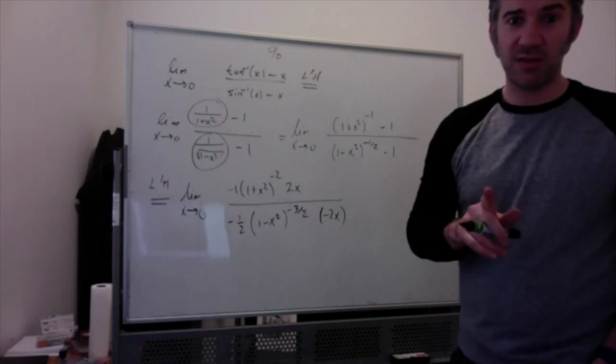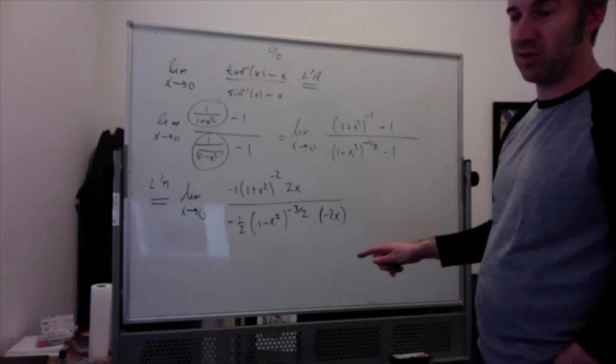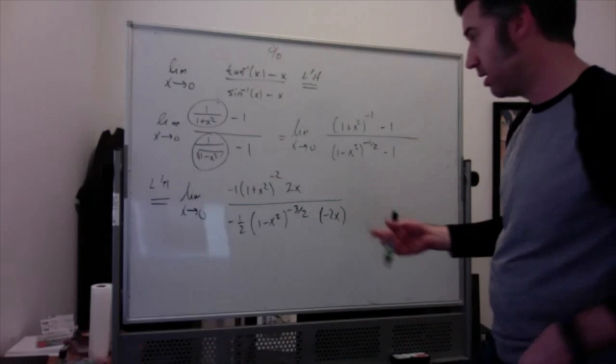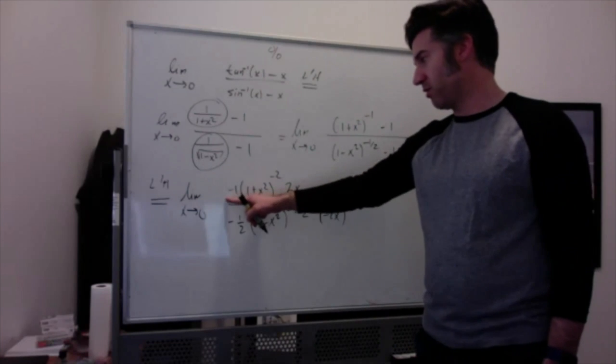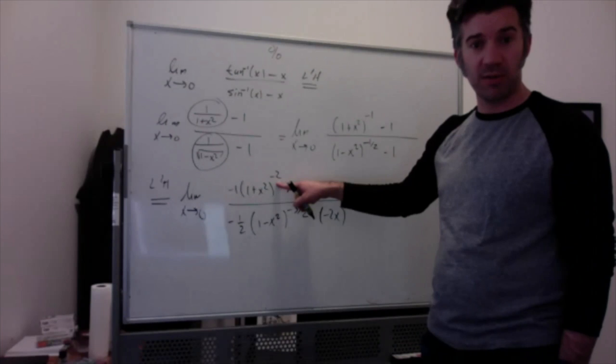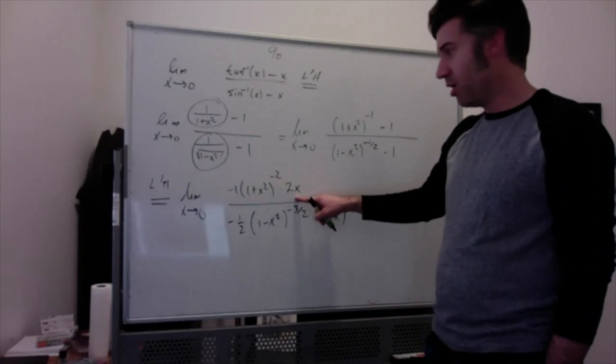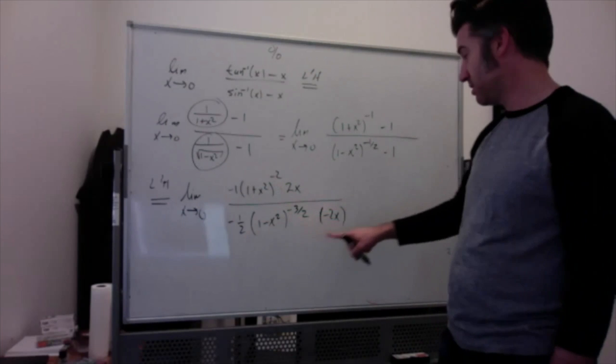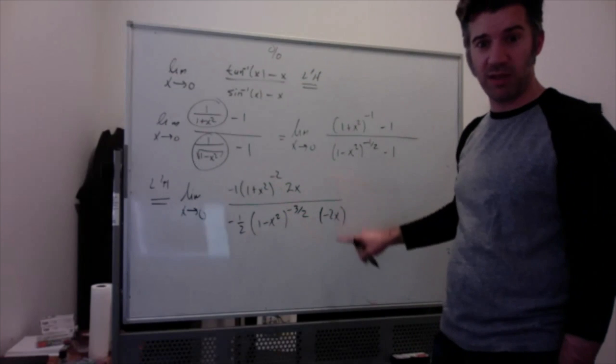And if we just plug in as is, you might think we have to use L'Hopital's rule again, because you plug in 0, negative 1 times 1 to any power is 1 times 0 over negative 1/2 times 1 to any power is 1 times 0, which is still a 0 over 0.